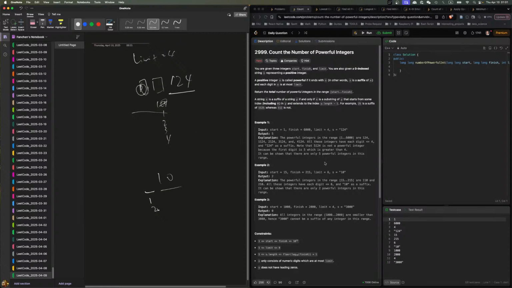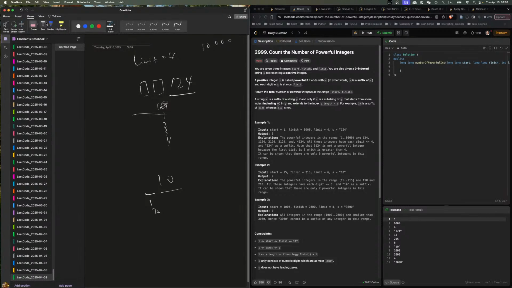I think this one I want to try, because if 0 is possible, call it 10,000, finish is 10,000. That means we can add this one. And of course, start is 1, so I'll have all these 5.